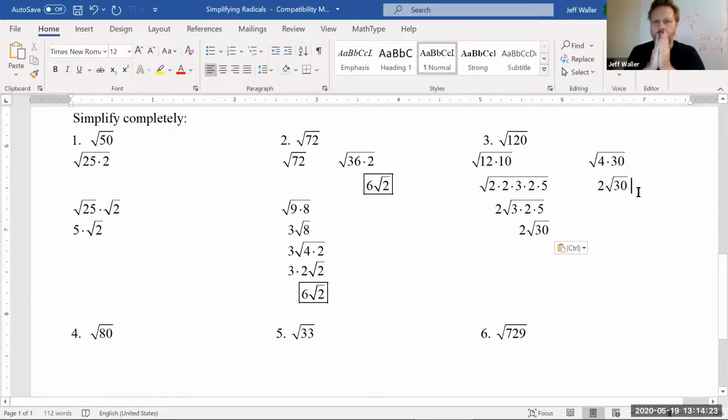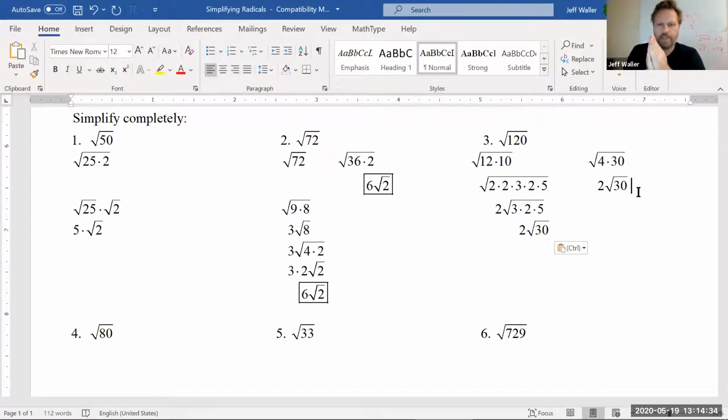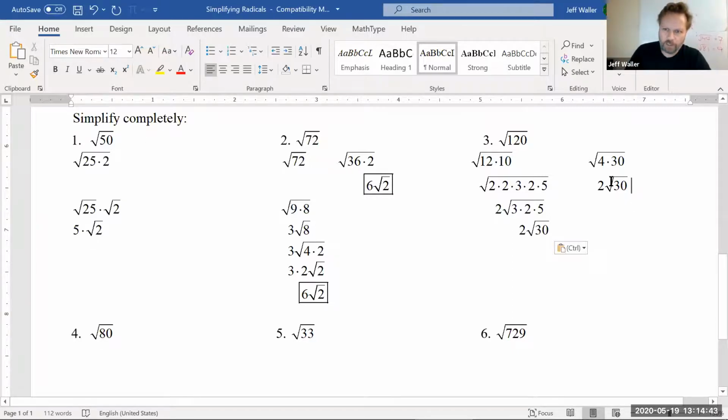Can we stop for a minute? So sometimes it's unfortunate that there's multiple ways to do a problem because it actually makes it a little more confusing, which is why I really want to focus on the first method because there's less guesswork involved.